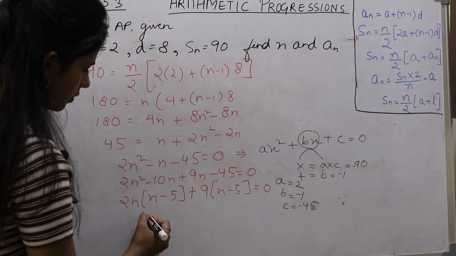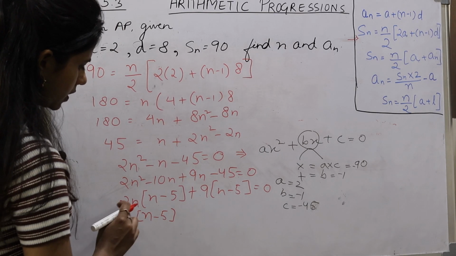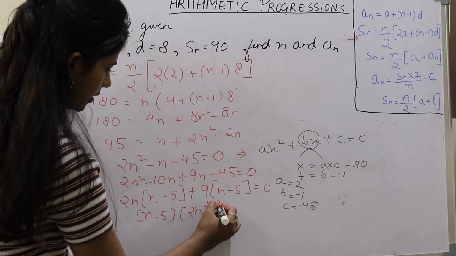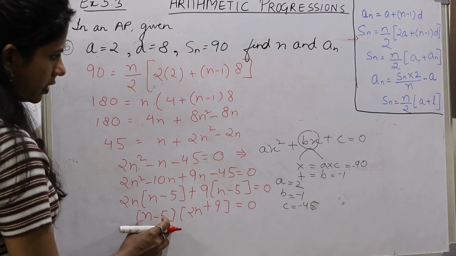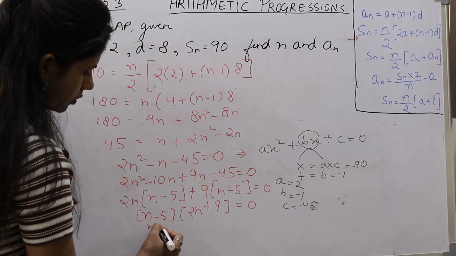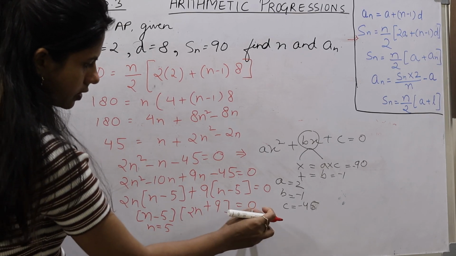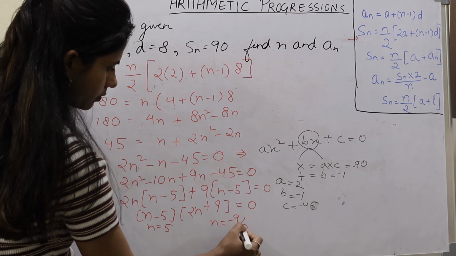Okay, we can also write it as (n minus 5) times (2n plus 9) equal to 0. From here, we have two values of n. One is n equal to 5. Another is, if we do this equal to 0, n equal to minus 9 by 2.